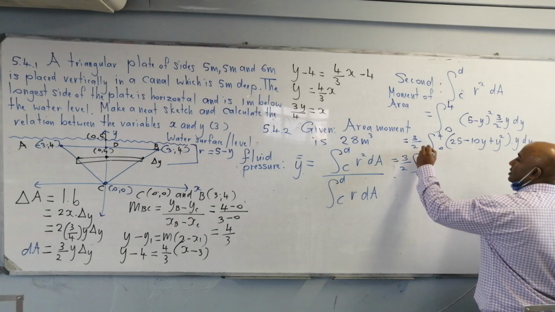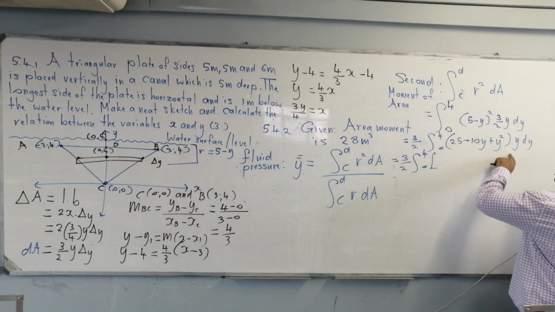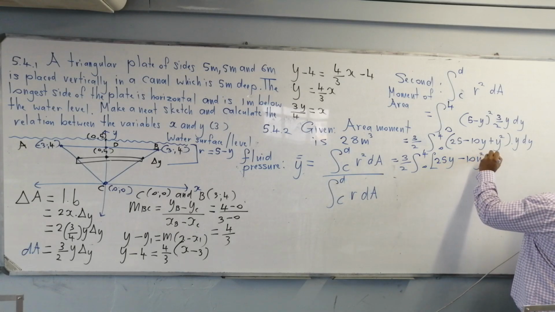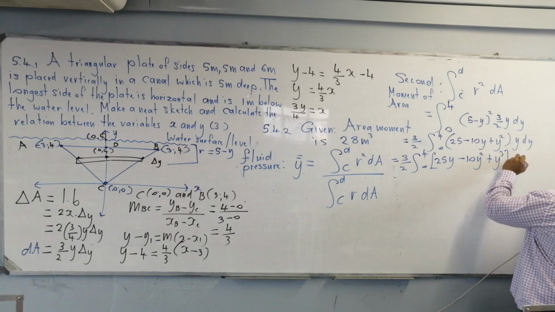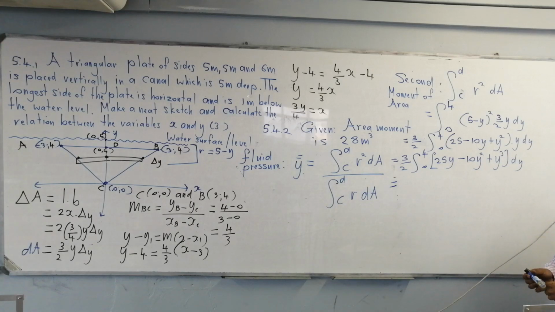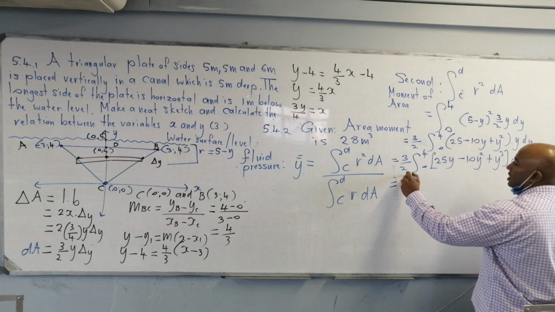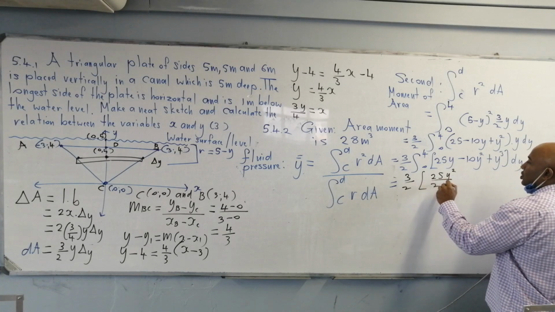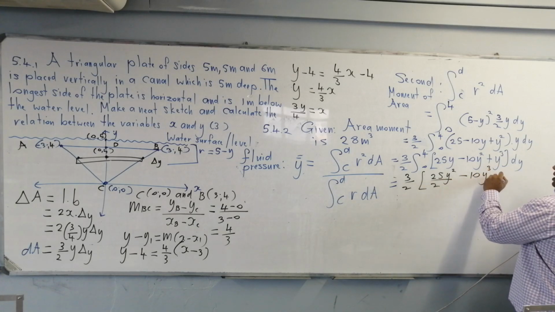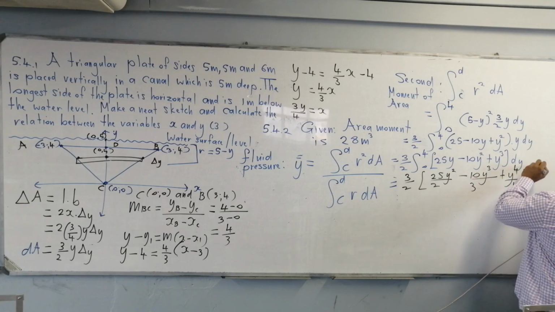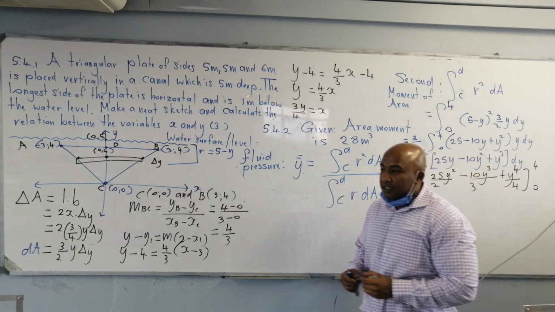So therefore, we got 4 and 0, 25y minus 10y squared plus y to the power 3. Right, so now it's just basic integration. You don't even need the formula sheet for this one. That's going to be 25y squared over 2 minus 10y to the power 3 over 3 plus y to the power 4 over 4, substituting 4 and 0.